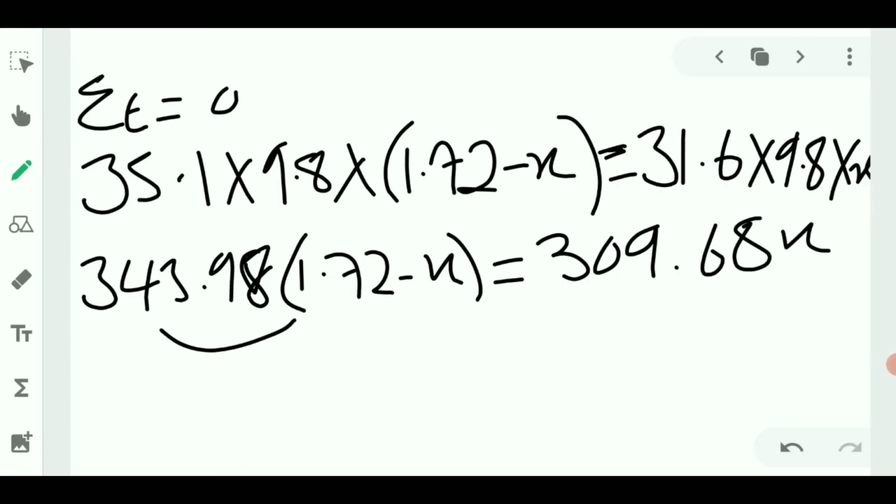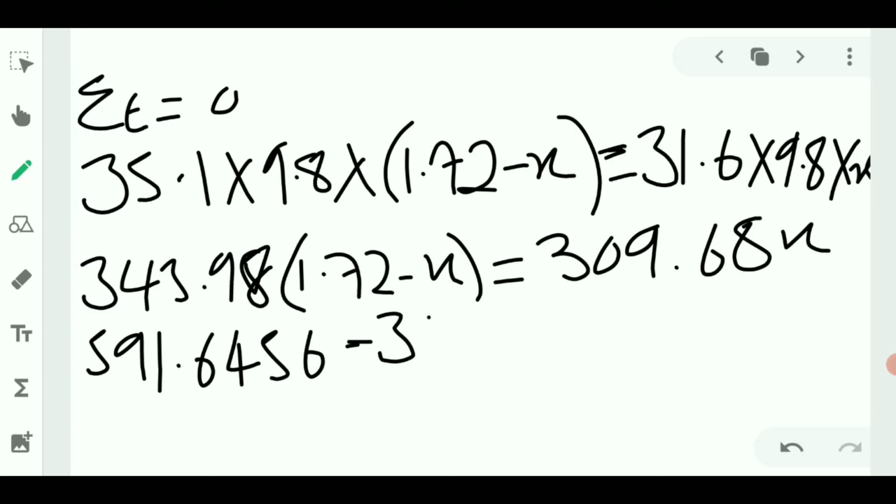When you do the expansion, you should get 591.6456. You don't need to round off during the calculation; you round off in the final answer. Then 343.98 times x gives us this.